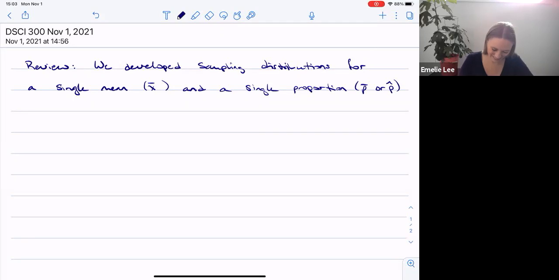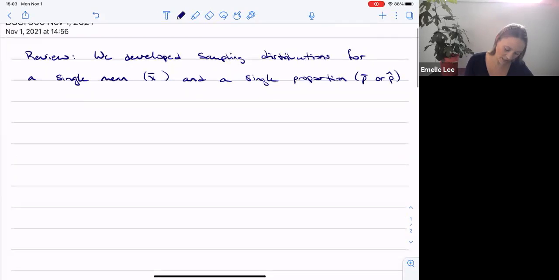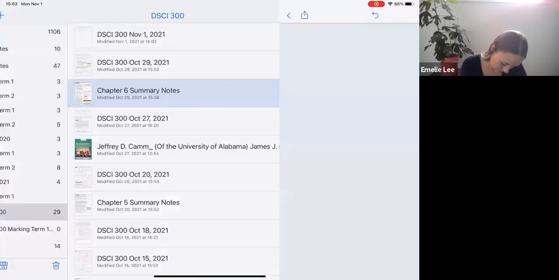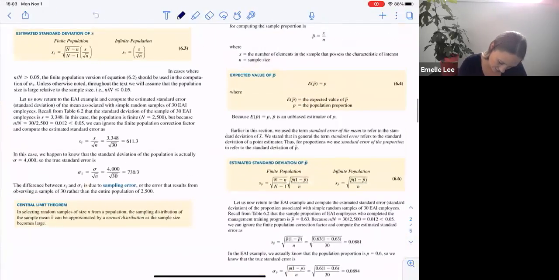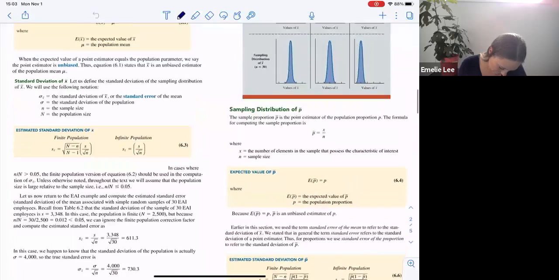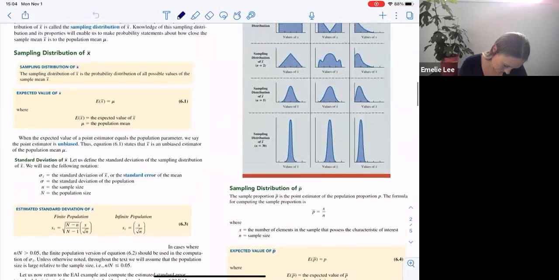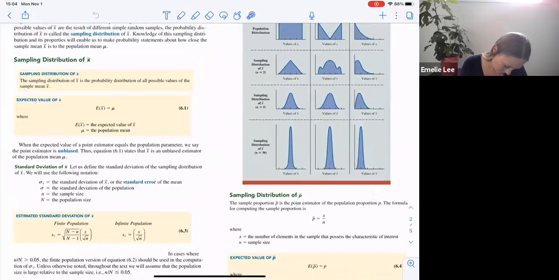So what we said was, we were talking about the sampling distribution of X bar.